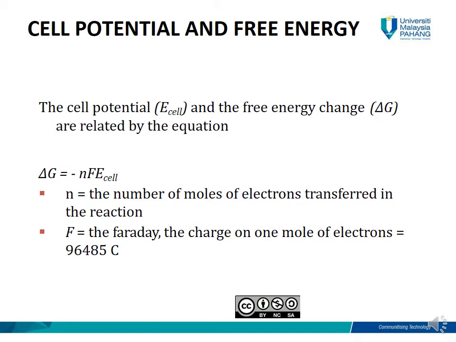It equals negative the number of moles of electrons transferred multiplied by the Faraday charge on 1 mole of electrons. However, this equation is very general and commonly we do not use it a lot in analytical chemistry. So this is just for your information.